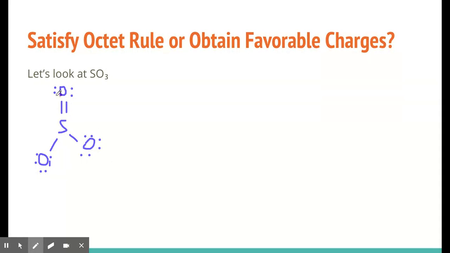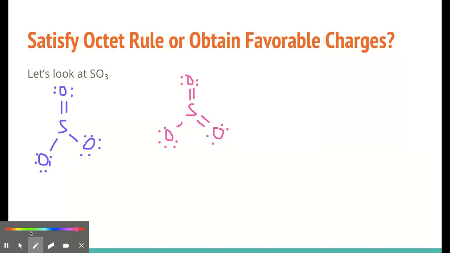So I could have 3 of these. I could also have one where I have 2 double bonds, or I could have one where I have all double bonds.